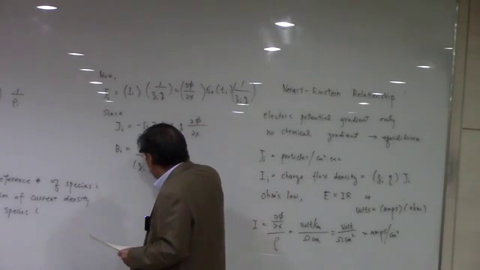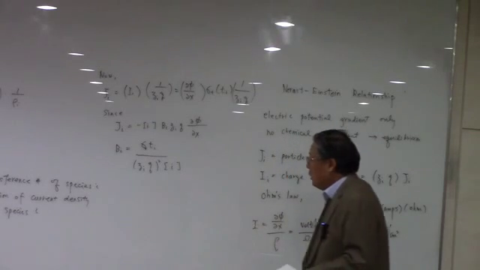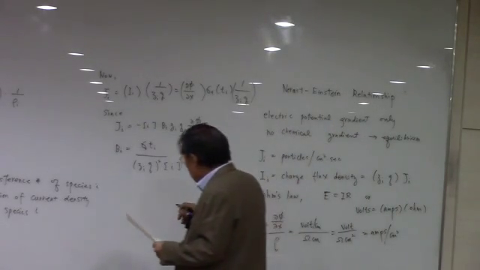So actually we have to write down sigma ti, something like this, okay?